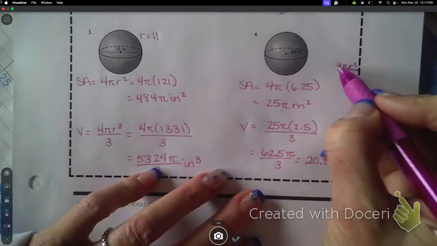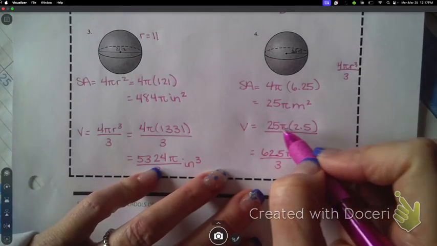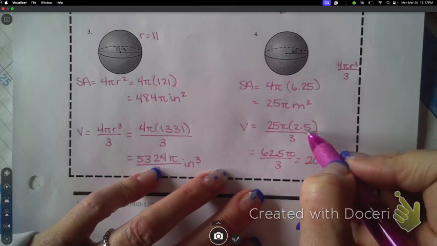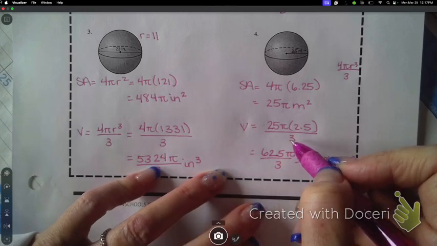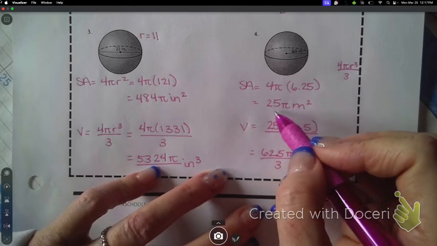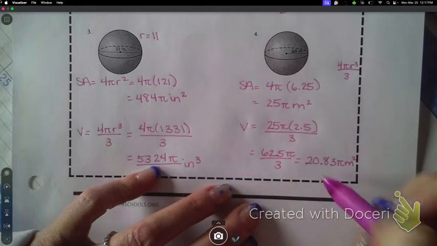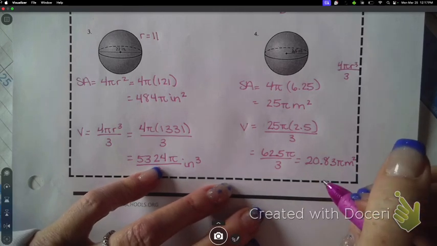So 4 pi r squared is my surface area. So that's 25 pi. So then I took it times another r and divided it by 3. Well, I can do that. Oh. You guys see what I did? Yeah, because it came out nice. So I'm like, why would I cube it when I can just do that? Did you guys get the same thing I did? I would have if I would have multiplied it by 4.